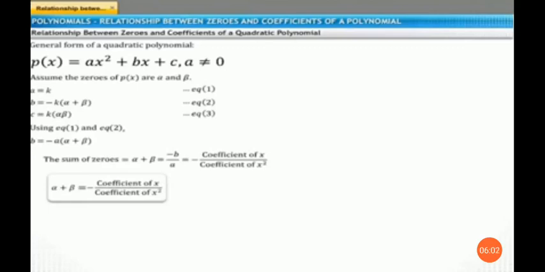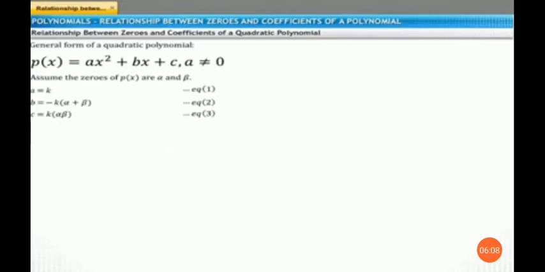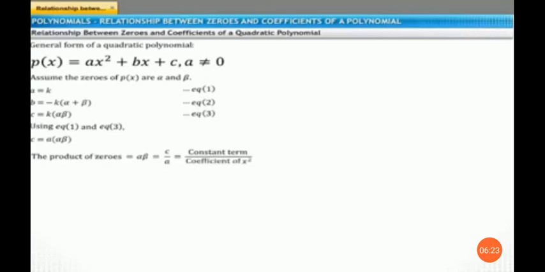Hence the sum of roots, that is alpha plus beta, is equal to minus coefficient of x by coefficient of x square. Using the first equation and third equation, we can get alpha into beta is equal to c by a, which is equal to constant term by coefficient of x square. That is, the product of zeros is equal to constant term by coefficient of x square.